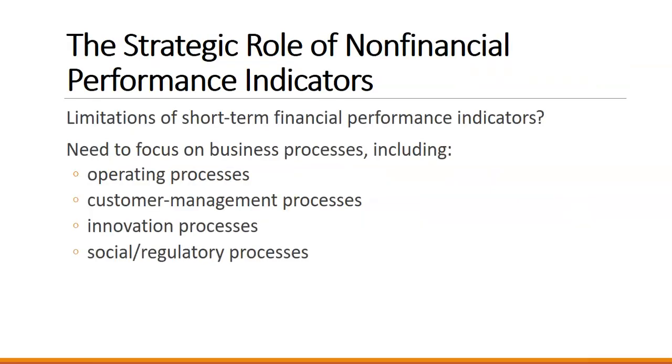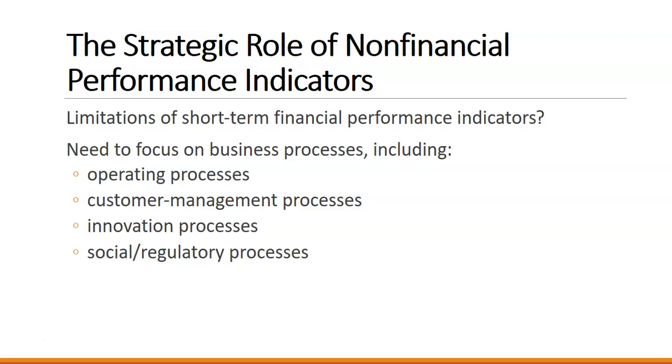We also need to think about non-financial measurements. One of the limitations of looking at financial and operations controls such as variance analysis is that it sometimes tends to focus us on short-term financial situations.